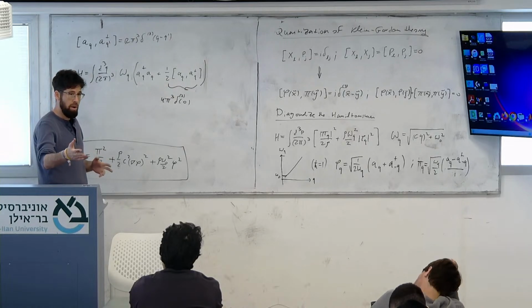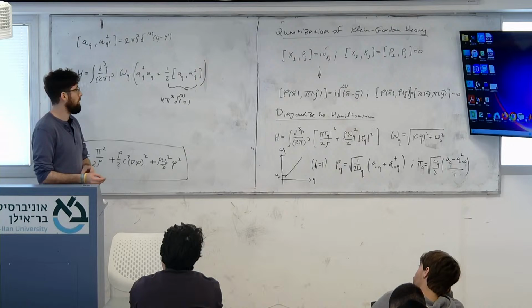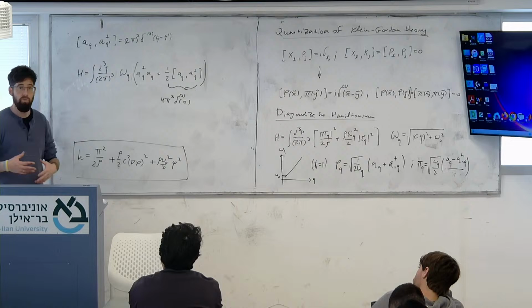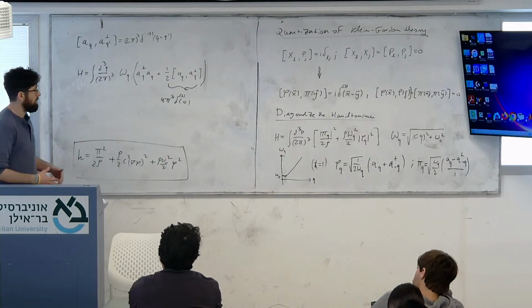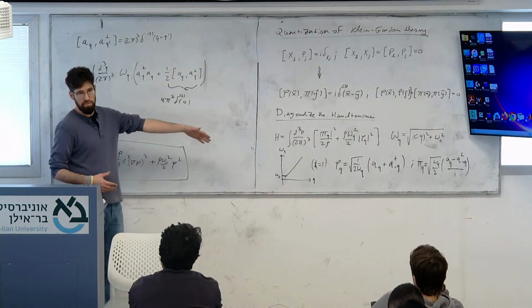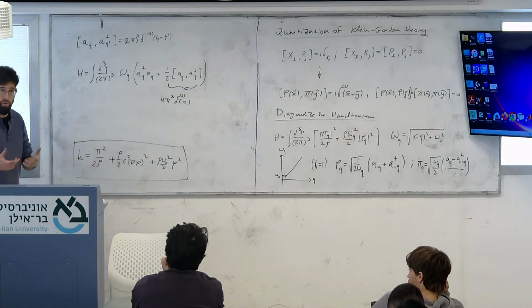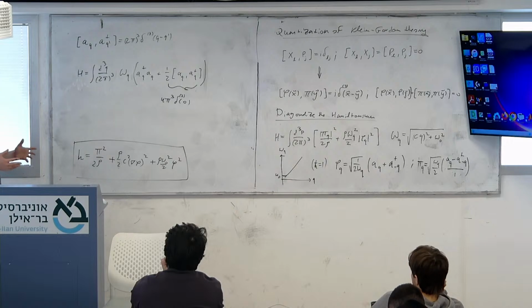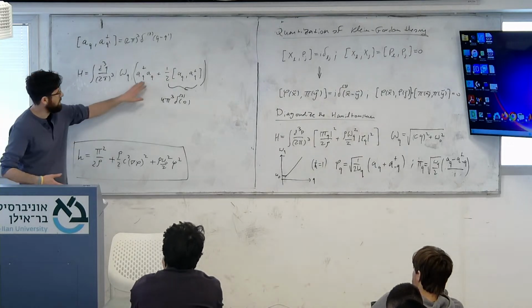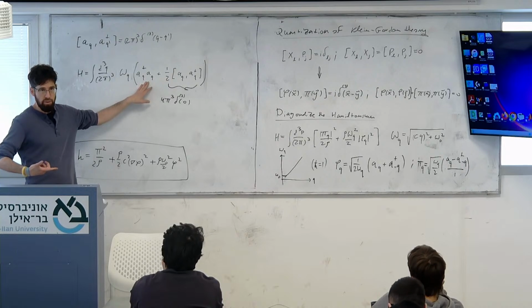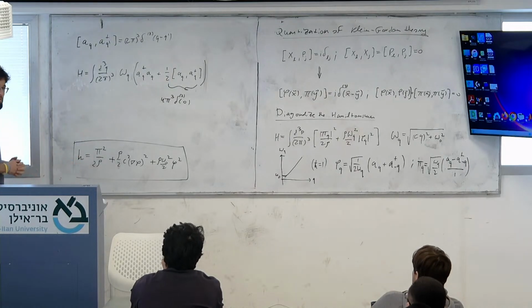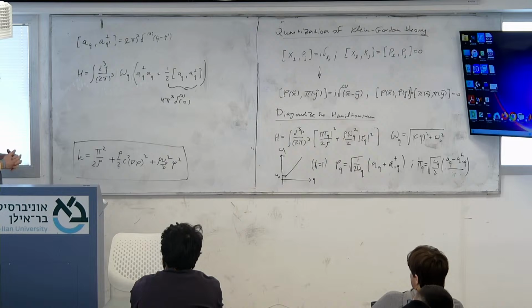So for example, when you quantize the electromagnetic field, you also had these A and A dagger, and they were the creation and annihilation operators of photons. If I was describing optical phonons before, then this would be the creation and annihilation operators of phonons. And that's why we call them phonons. We call them phonons because we took a field, it was classical, we quantized it, and then we got this bunch of sharp excitations, and we call them phonons. An analogy to, say, photons.